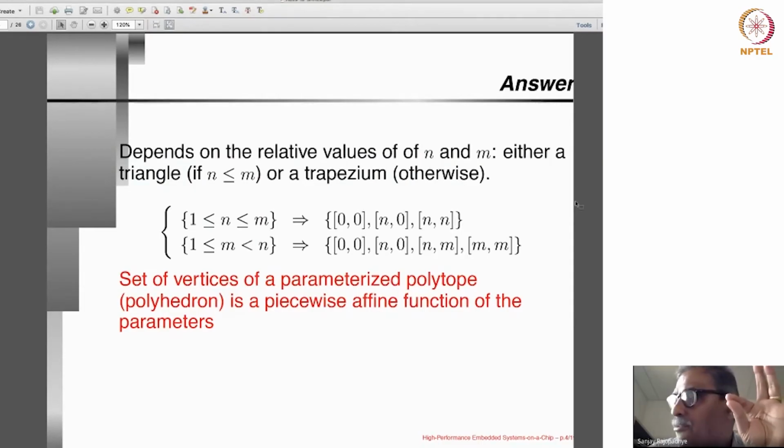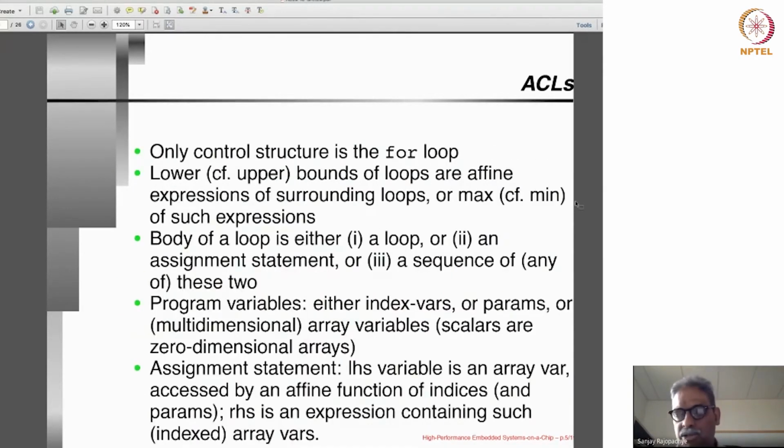The set of vertices of a parametric or parametrized polytope or polyhedron is a piecewise affine function of the parameters. If a certain inequality is satisfied amongst the parameters, then you have some vertices. Otherwise, you have other vertices, triangle or trapezoid. Okay? This is the key intuition I want you to get from this slide or up to now.